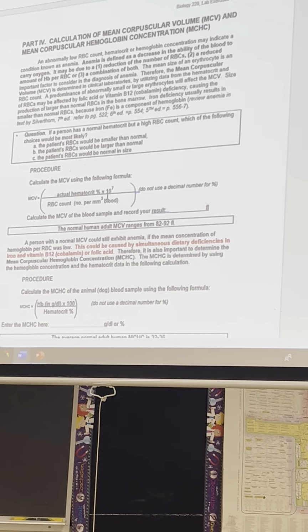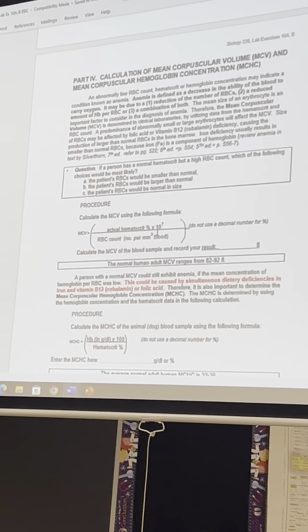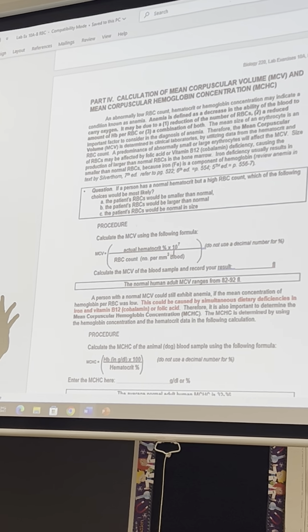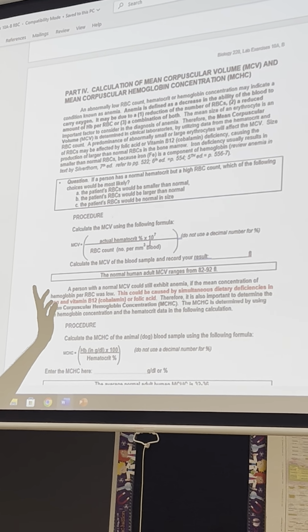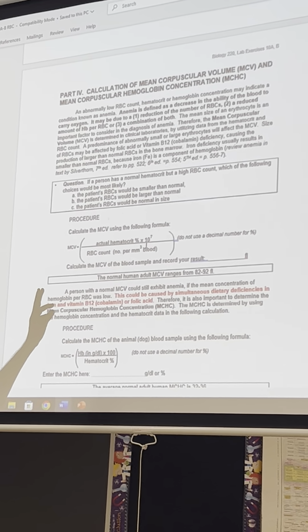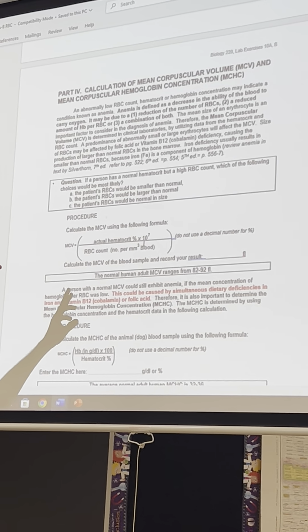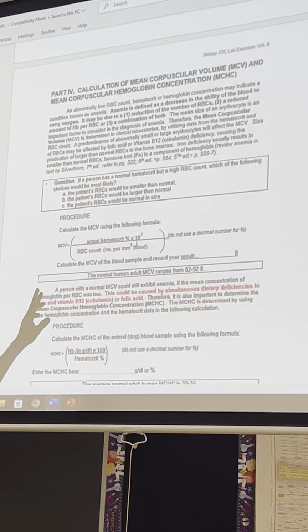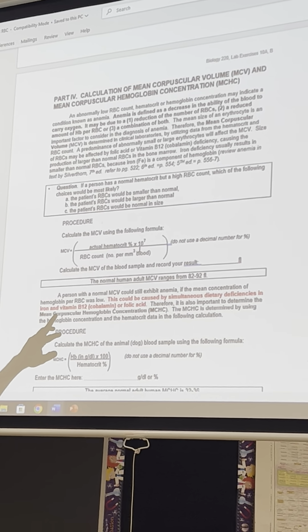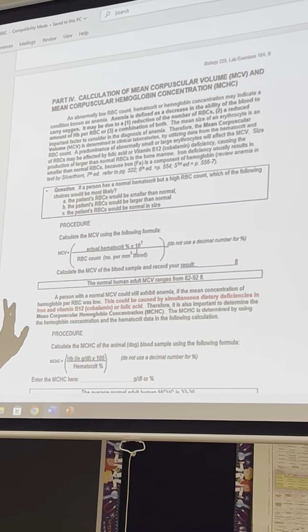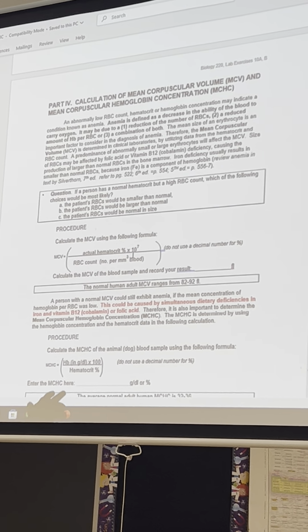You look at that top paragraph. You're going to have to remember. When you look at that one, we can look at it right now. It says large or small, size, cost of production. So iron deficiency is going to be too small. Basically, folic acid and vitamin B12 deficiency, too big.